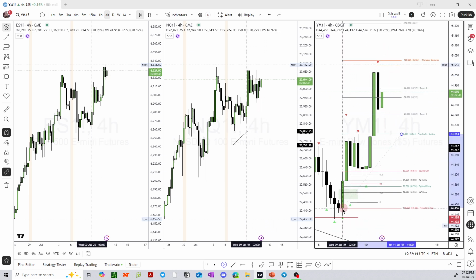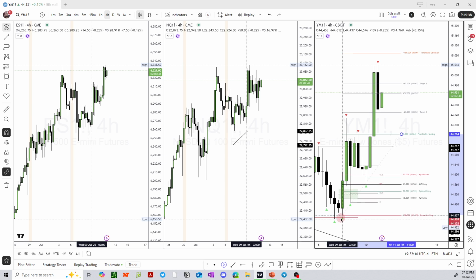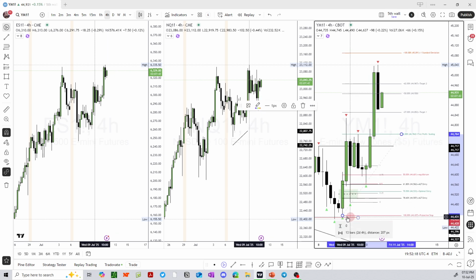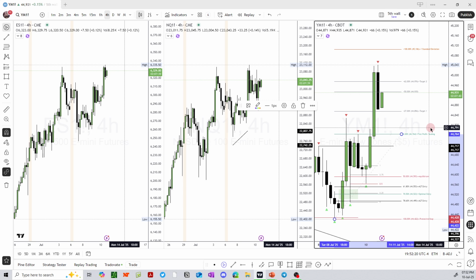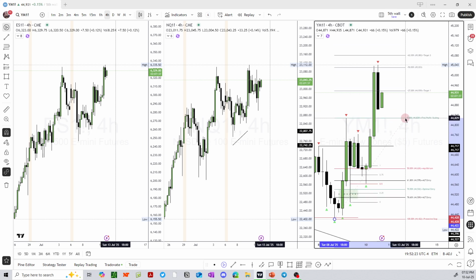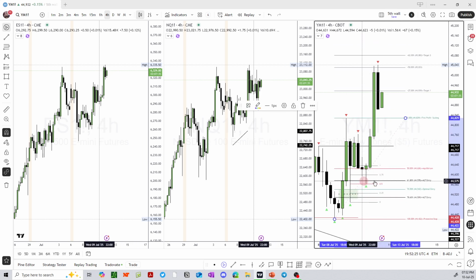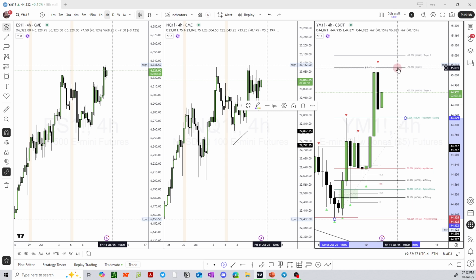And let's see what the previous swing low. We're using this low and using this high. And that would have given it 61.8 and stopped at the -50.